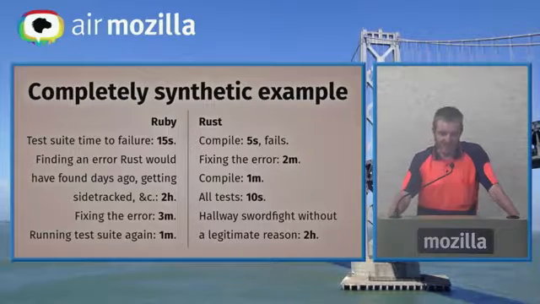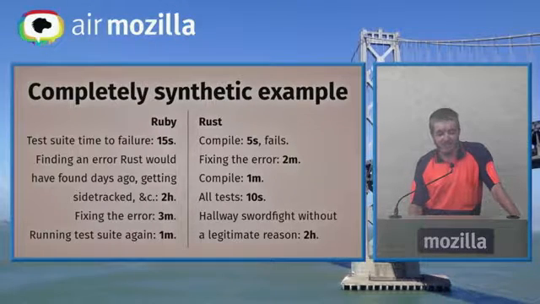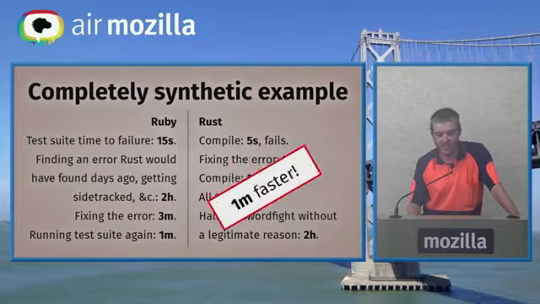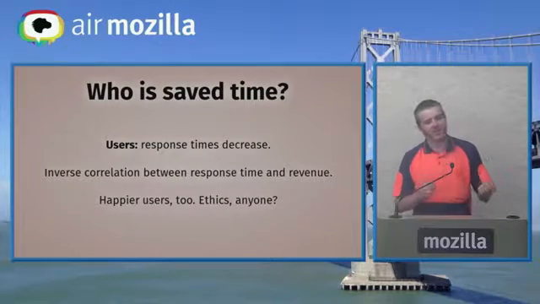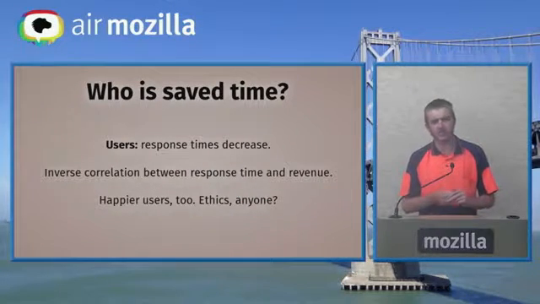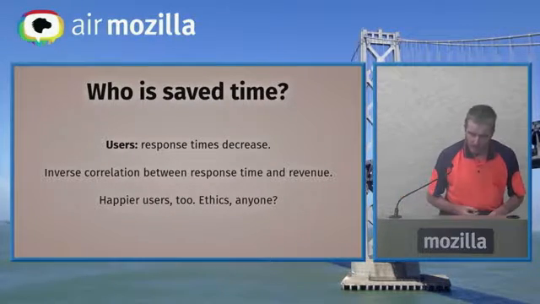So, I won't bother reading it all out, you can look at it, but the end result, even accounting for this 2 hours of hallway sword fight without a legitimate reason, is that Rust is a full minute faster. Isn't that marvellous? But then, who are the people that are saved time? Because I'm claiming that Rust has good performance and is fast for more people, more than just runtime performance.